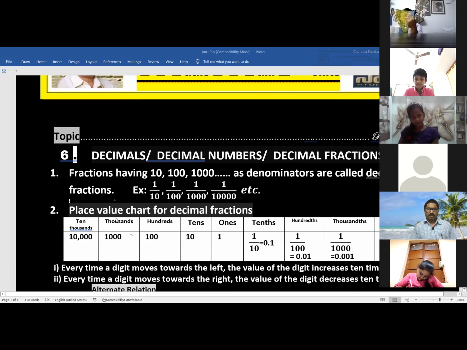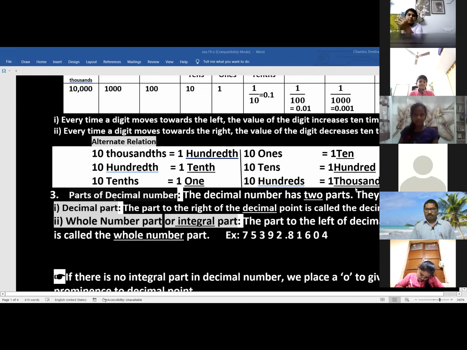Next, today we discuss parts of the decimal number.